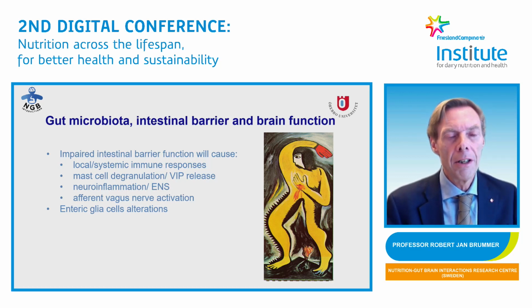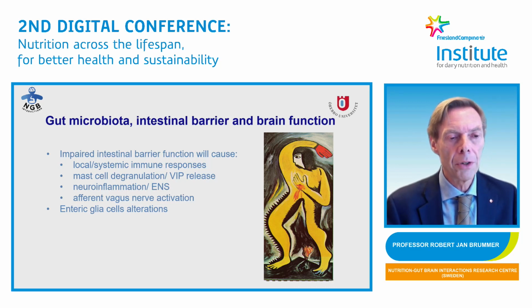So the local inflammation and immune responses in the gut will change actually the activation of the brain. And that is the most important way how this kind of barrier function changes and enteric nervous system activations change the brain.